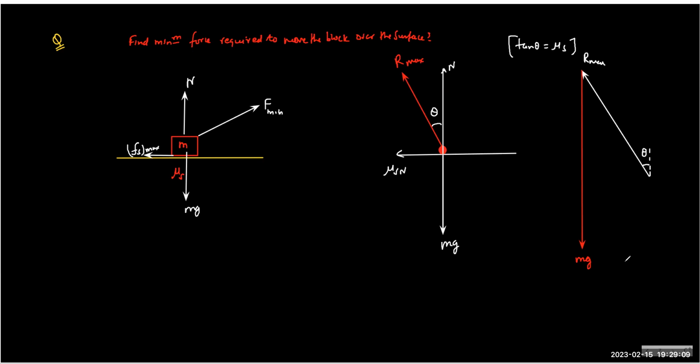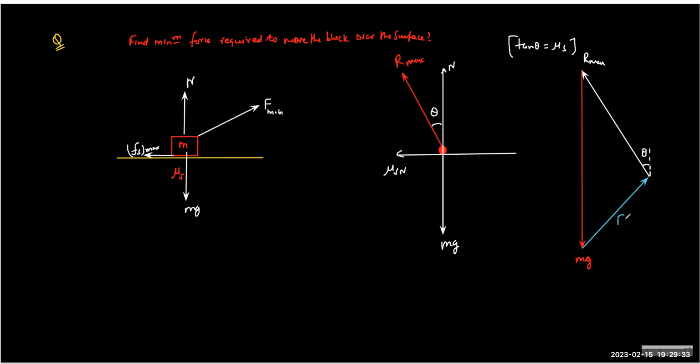This is mg, this is R max. These are two vectors, R max and mg, so the force is nothing but the third vector closing this triangle. That's the whole idea.